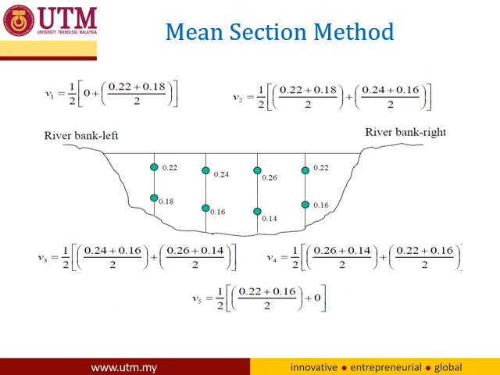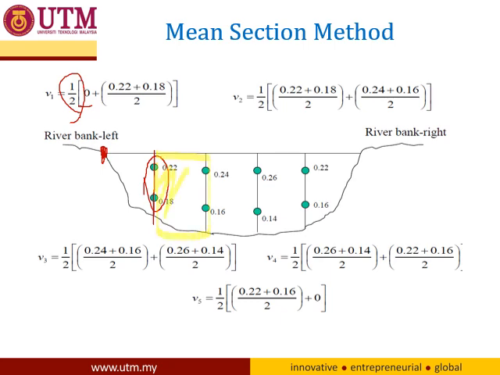Okay, so for the velocity, for example, velocity 1 is 0, because one line should be here. This is the second line. So velocity is 0, plus the average of this section, and then the average divided by 2. For V2, V2 is actually here.